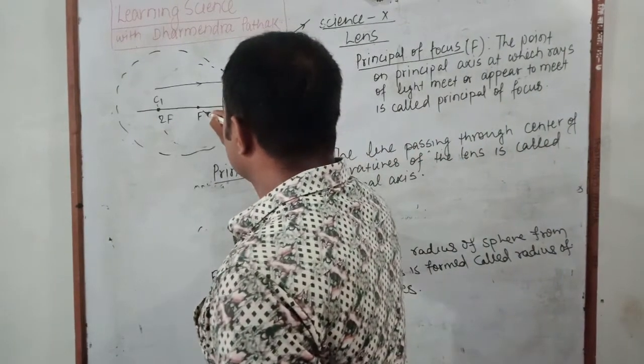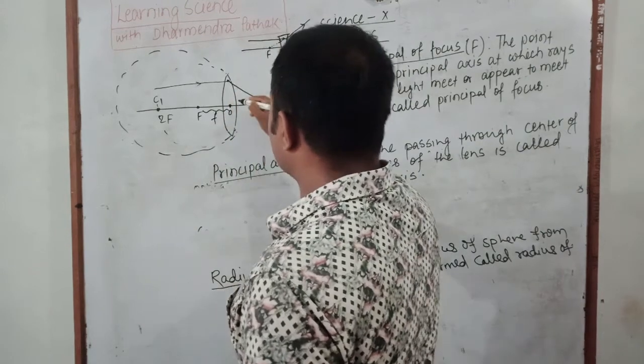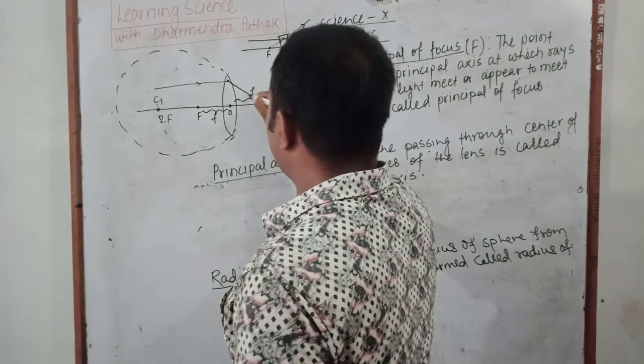And next, the distance between optical center and principal focus is known as focal length.